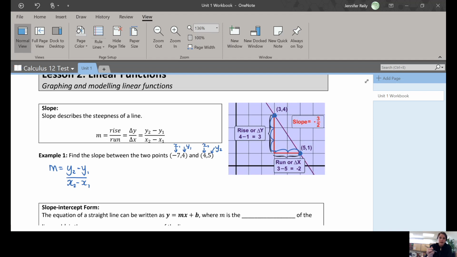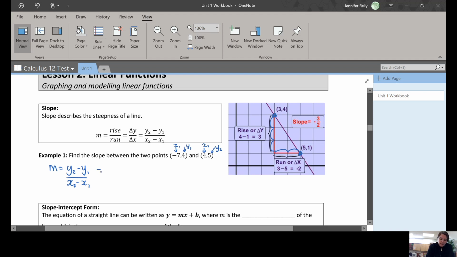You'll get the same answer in the end. So for us, the y values are 5, and x values are 4 and negative 7. So we're going to have 5 minus 4 is 1, and 4 minus negative 7 is 11. So the slope is 1 over 11.